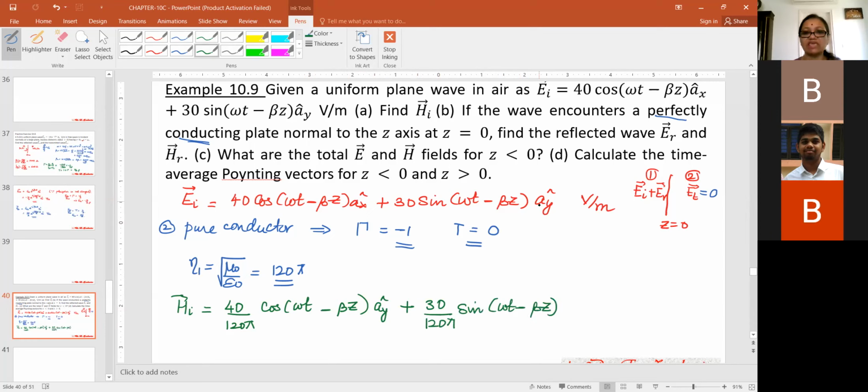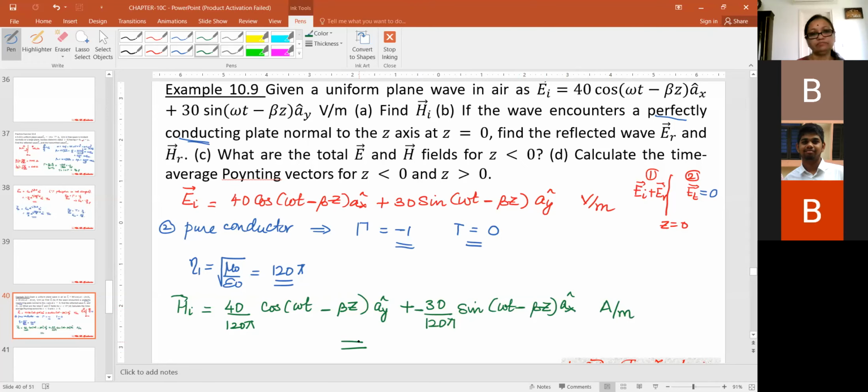Here it is AY cap. Just use AE cross AH is equal to AK. It will be minus AX. Minus AX, and ampere per meter. So without doing anything, you got this.